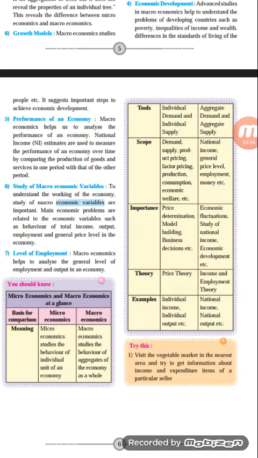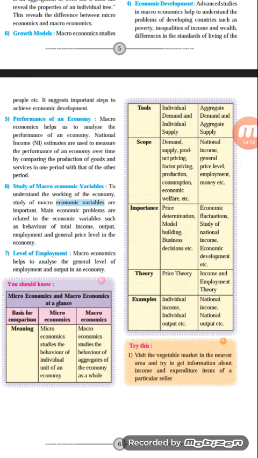If the difference is positive, we can say our economy is growing and improving day by day. But if the difference is negative, we can say that the economy is not improving, there are certain problems, and the government needs to tackle them by implementing proper policies related to that problem.